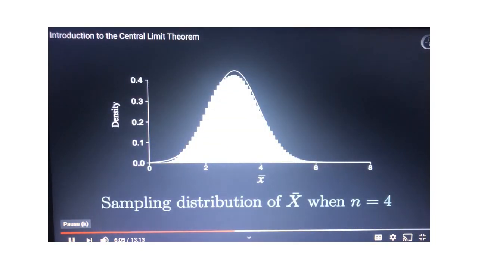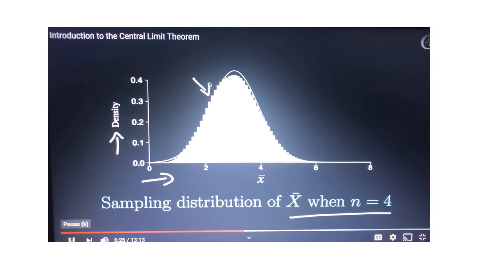Note that in this series of plots, I'm keeping the scaling on the x-axis the same and letting the y-axis scaling change from plot to plot. Here I've sampled from the original distribution 1,000,000 times for a sample size of 4, and plotted out the 1,000,000 resulting sample means in the histogram.